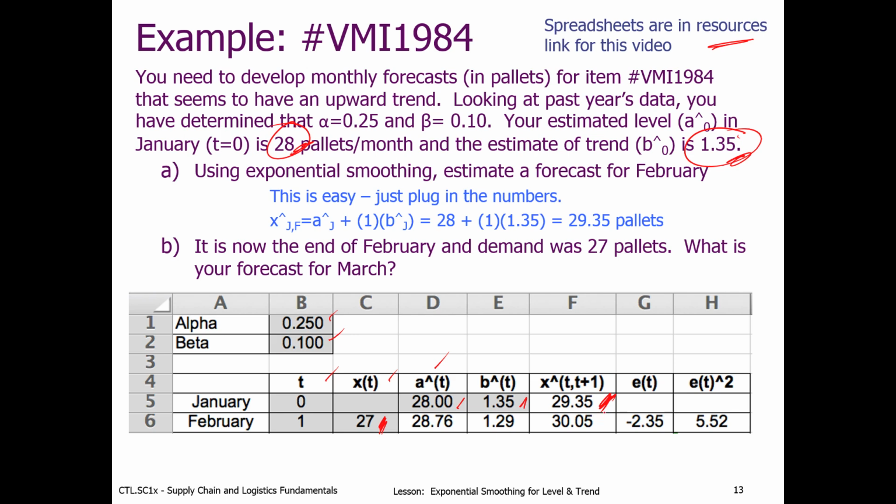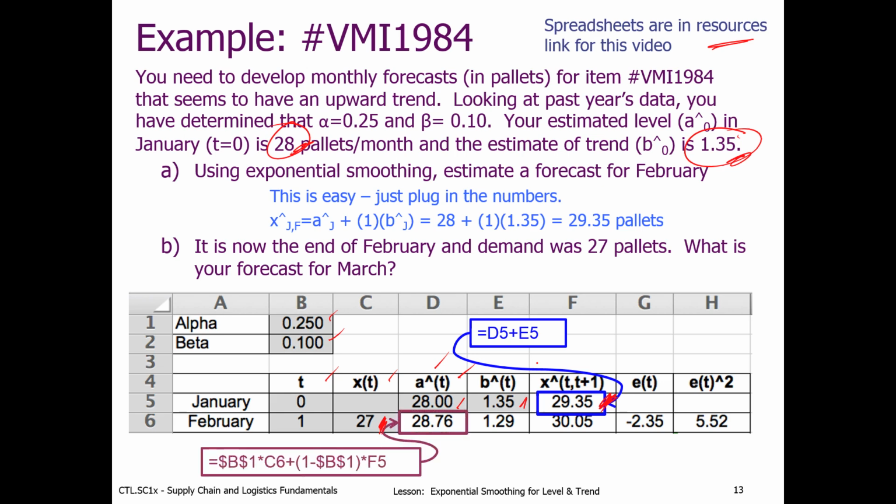But what we wanted to figure out was this term in F6. So how did I figure that out? Well, first, this 29.35 just came from adding the estimated level, which is in cell D5, plus the estimated trend of 1 period in E5. That should be pretty obvious.